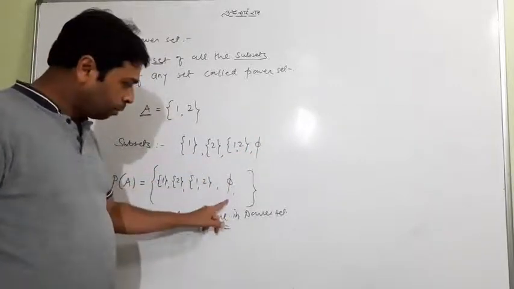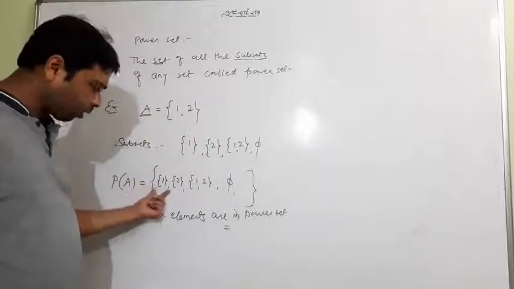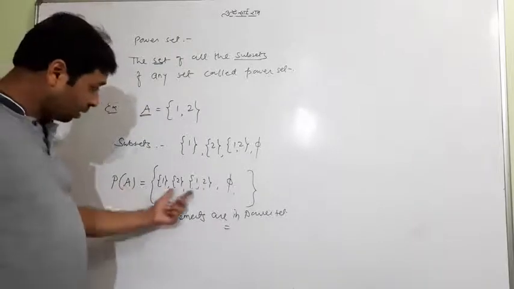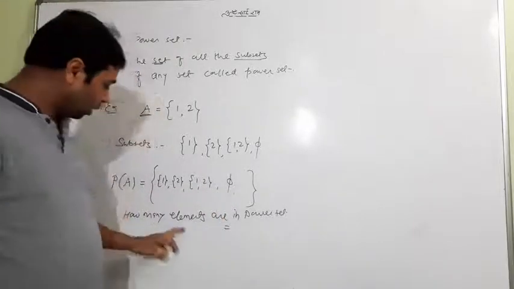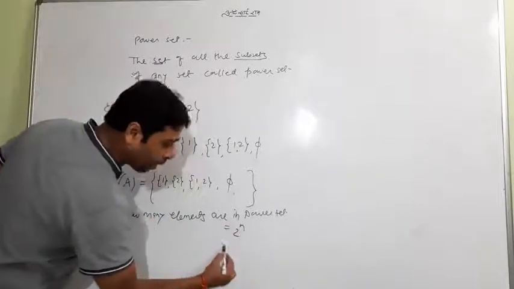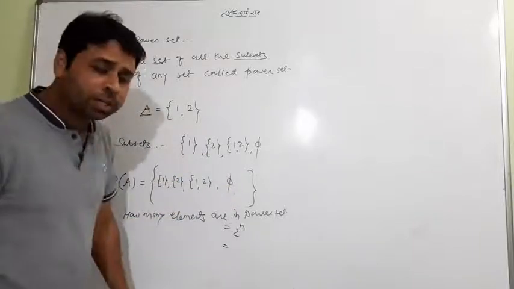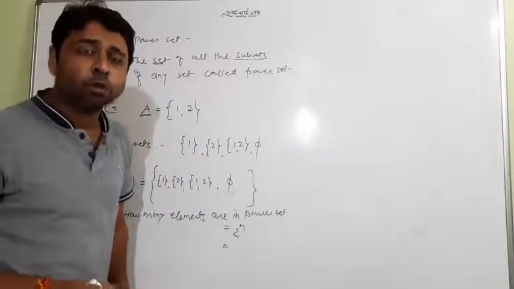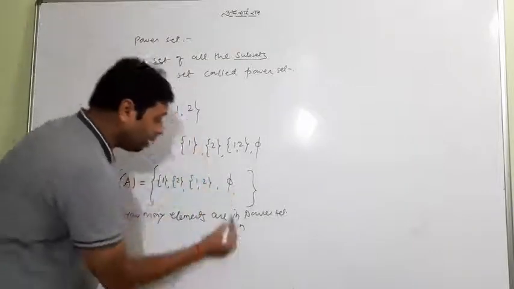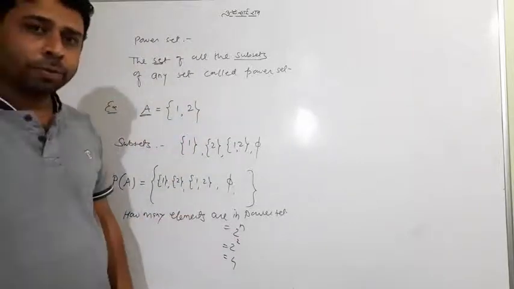Here also, because these subsets are arranged in a power set, this is one element, this is another element, so all 4 are elements. So these are called elements of the power set. It is defined by 2 to the power n, the same formula, because they are subsets actually. Yesterday I told you how we can find the number of subsets: 2 to the power n, where n is the number of elements of A, so 2 to the 4. So 1, 2, 3, 4 are the elements of the power set P(A). Hope students you have got it.